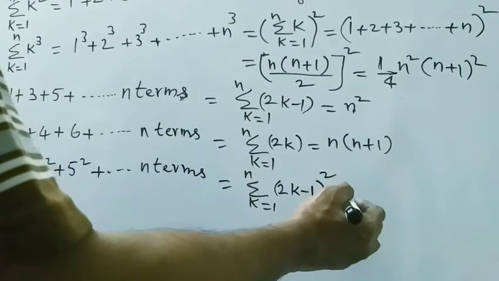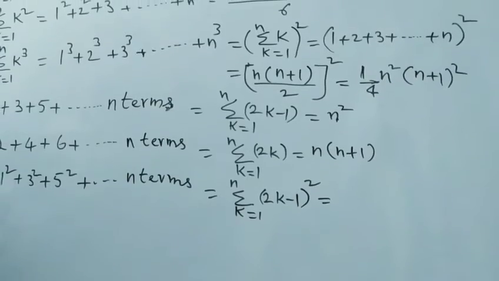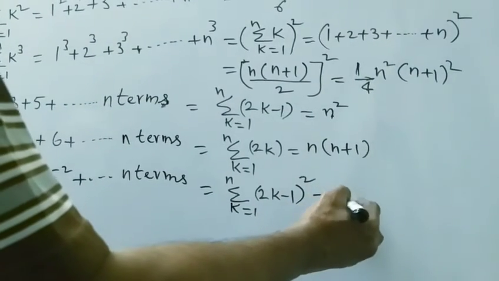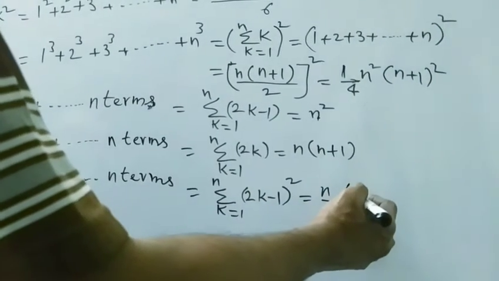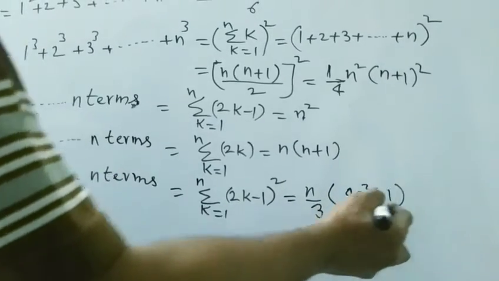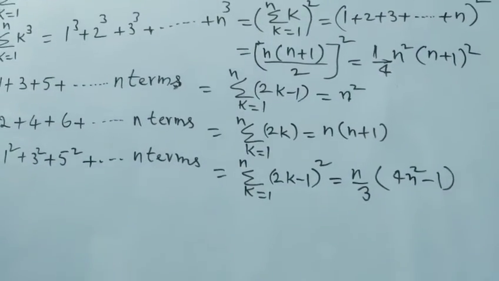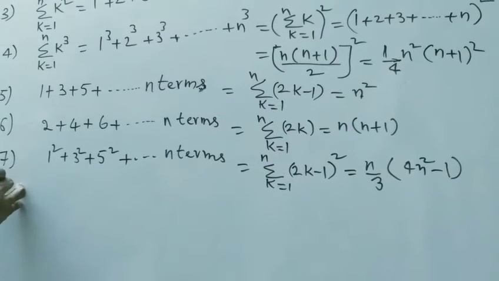This is equal to n by 3 of 4n square minus 1. And one more, eighth one.